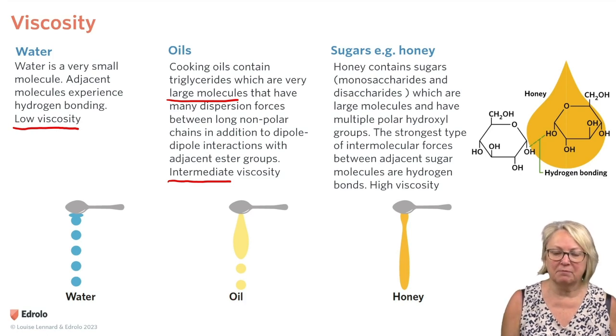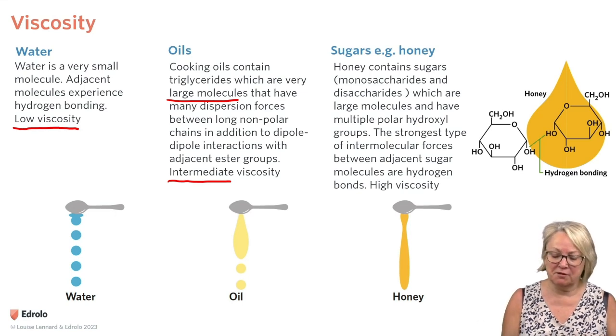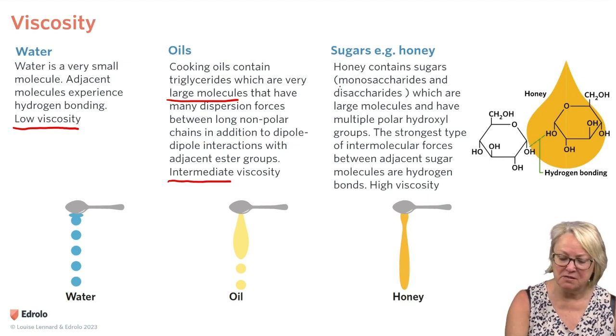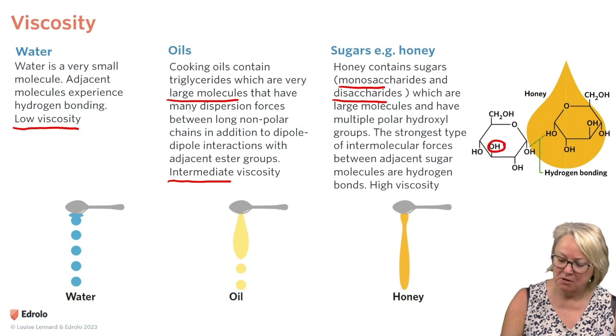But in comparison with water and oils, if we get a spoonful of honey, we notice that honey is the most viscous. And it's because honey contains sugars, which are monosaccharides and disaccharides, which are relatively large molecules with lots of polar hydroxyl groups.